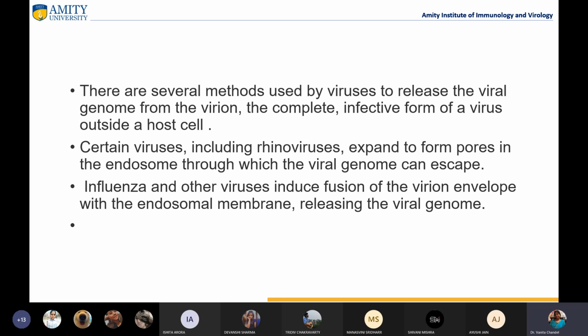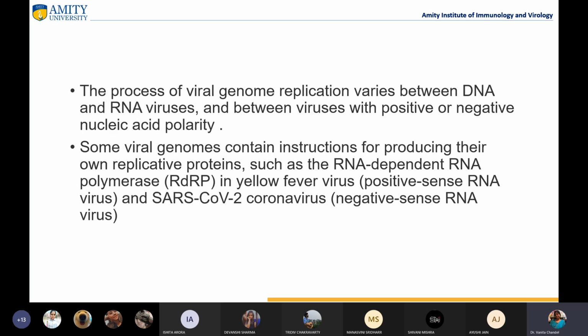They are very small viruses, right? We cannot see them with the naked eye, so they can move outside. Influenza and other viruses induce fusion of the virion envelope with the endosomal membrane, and then they release the viral genome.